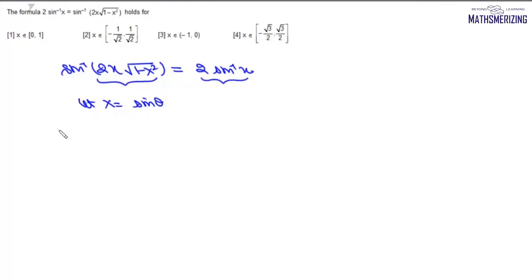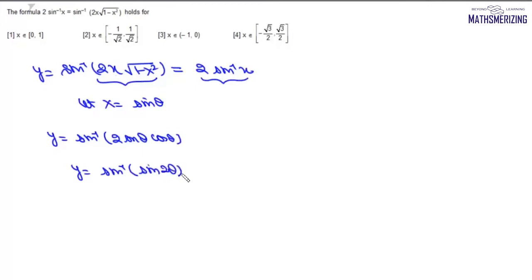Now we'll take x as sine theta, then we can write this y as sine inverse, now it'll be 2 sine theta into cos theta. So we can write this as y equals sine inverse of sine 2 theta. Now the result that we need is 2 sine inverse x, which is nothing but 2 theta.